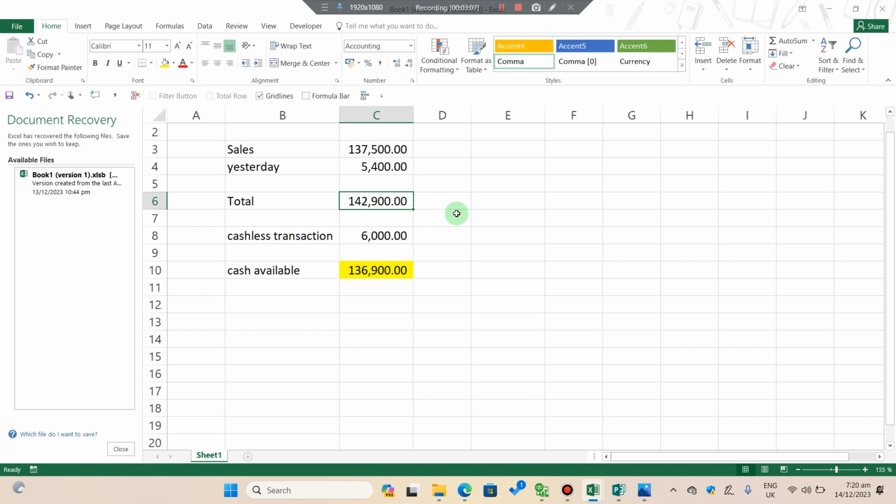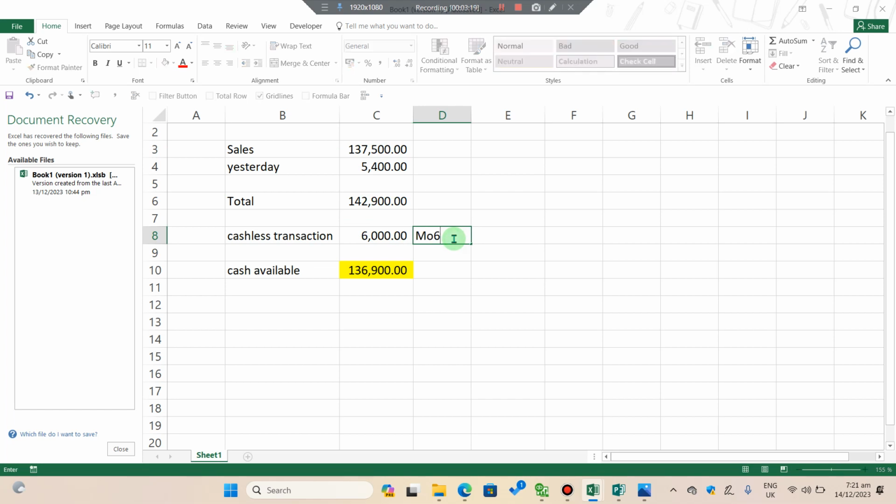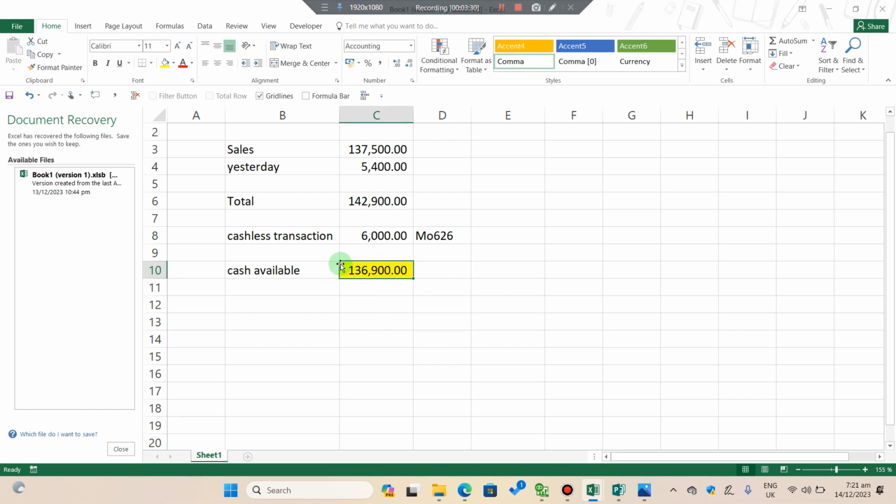Now on ma sales omwewa 137 amene ndapanga lero, panali 6,000 kwacha imene inapangidwa transfer via MO626. So this one is cashless. So total available cash imene maybe the system would like me to verify is 136,900.